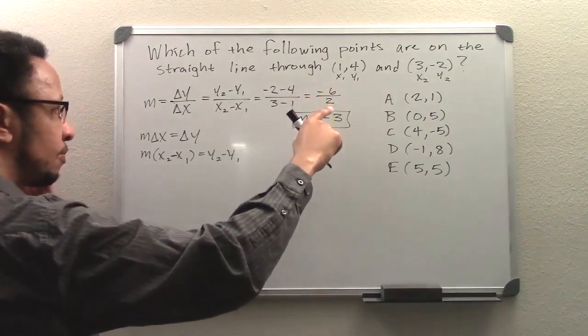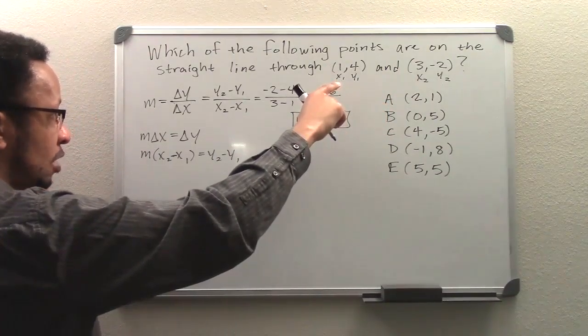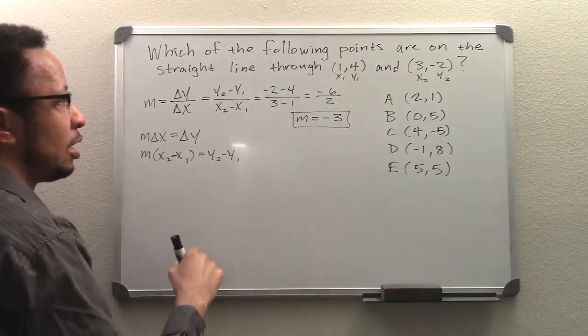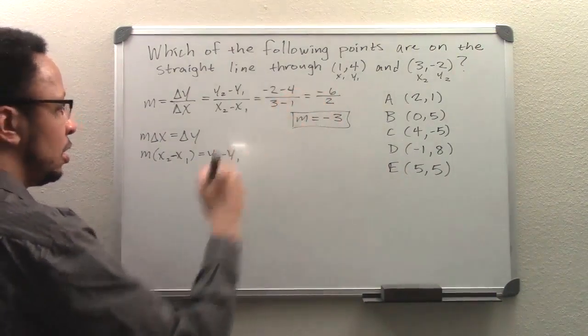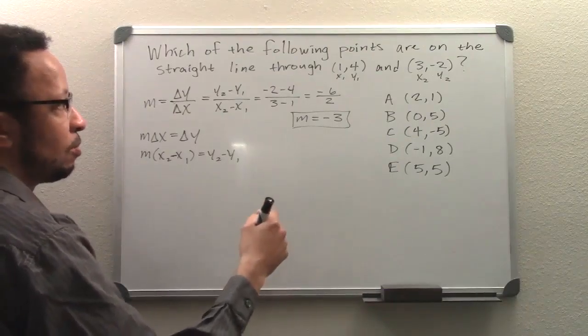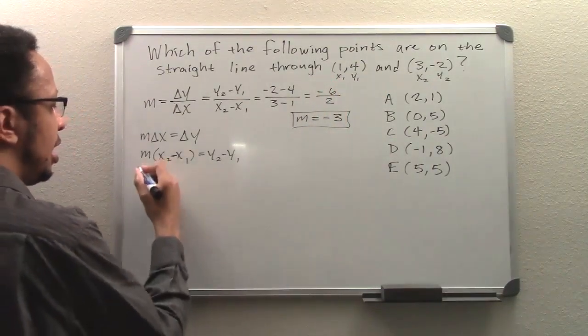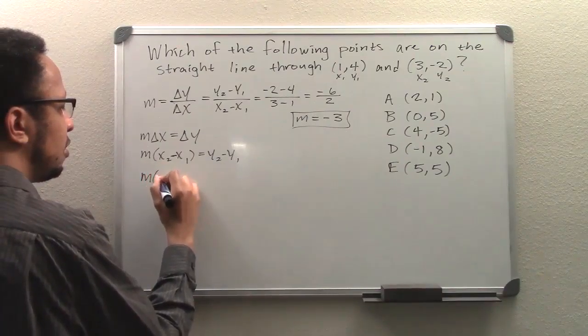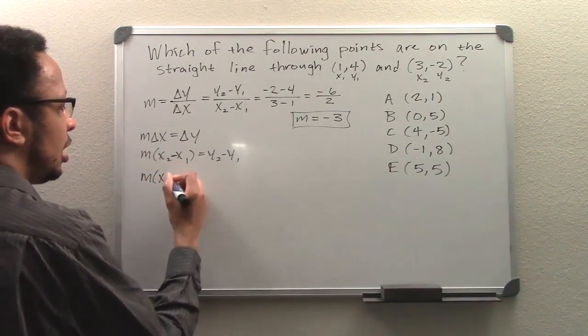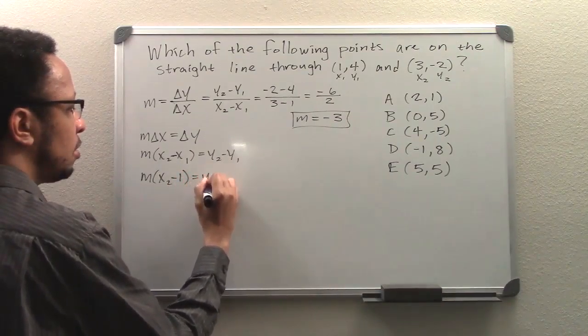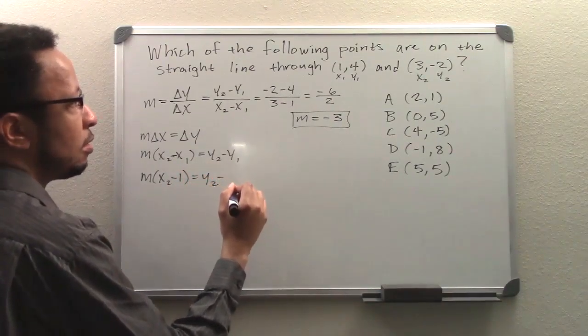We're going to put one of the points from our ordered pairs into this equation. You can just choose one or the other, but I'll choose x1 and y1, and we're going to put that into this. And so x1 is 1, and y1 is 4.